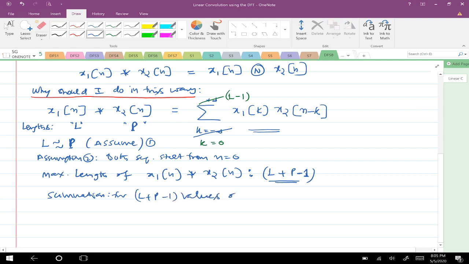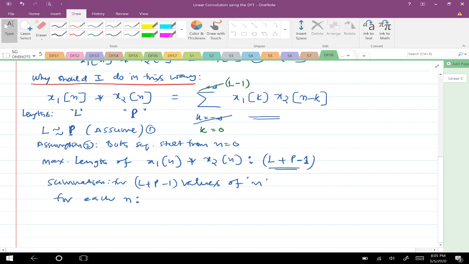It doesn't really matter where n starts or ends. Now for each n, how many calculations are required? I need to do L multiplications, and how many summations? Of course, L minus 1 summations.